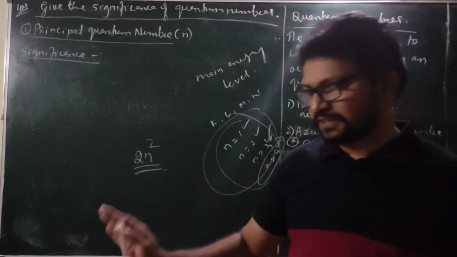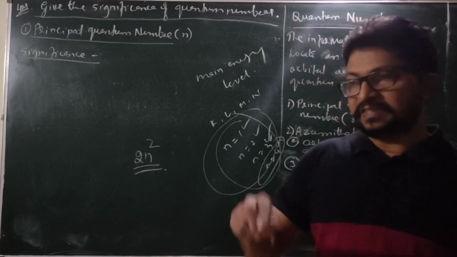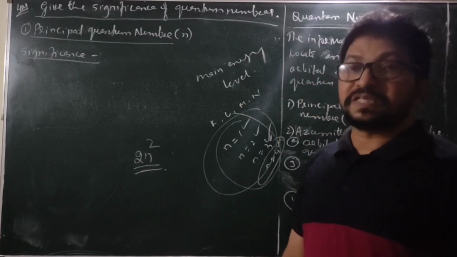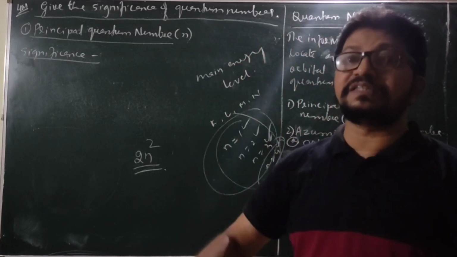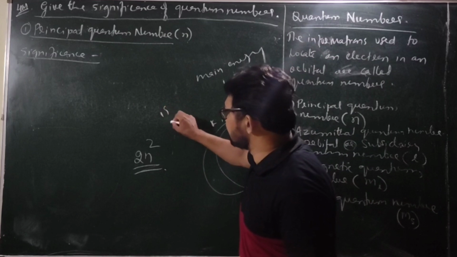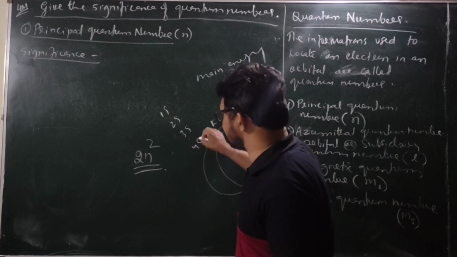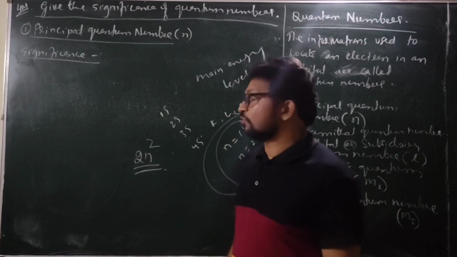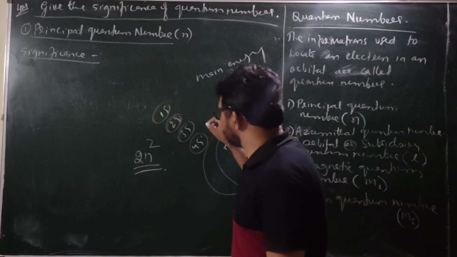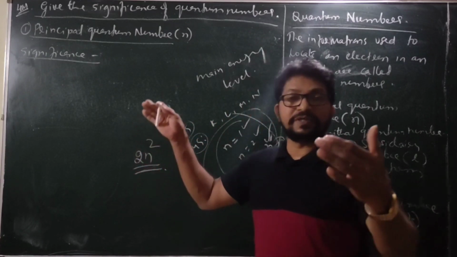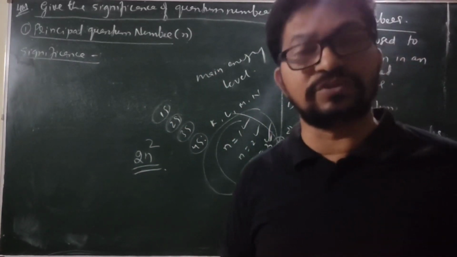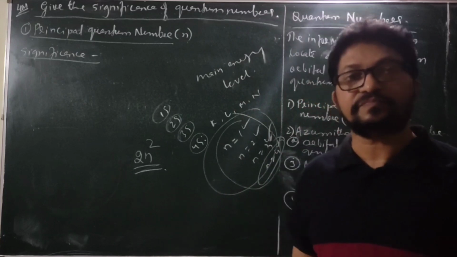The size of the orbitals can also be predicted: 1s, 2s, 3s, 4s are all spherical in shape, but 4s occupies more space than 1s, 2s, 3s.